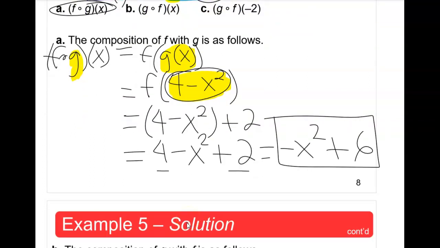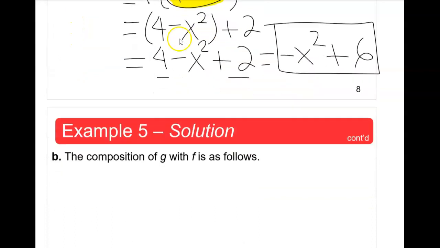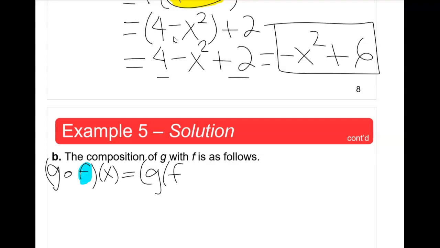Okay, now for the second part of this problem, we're going to find g of f of x. And so it's going to be different than the first one. So now, because the second function being mentioned here is f, that is the function that will go inside the other. So f of x goes here.